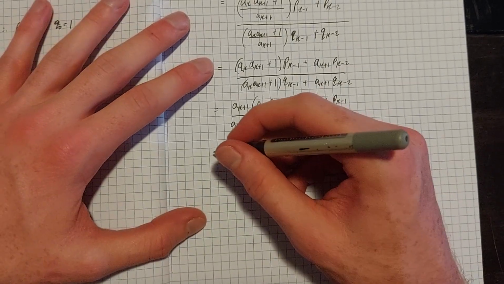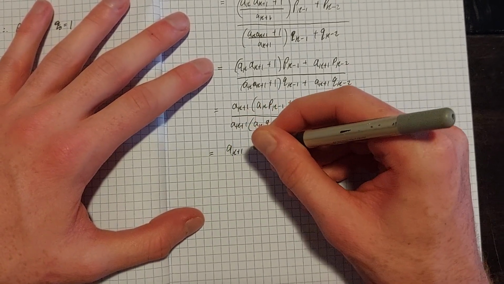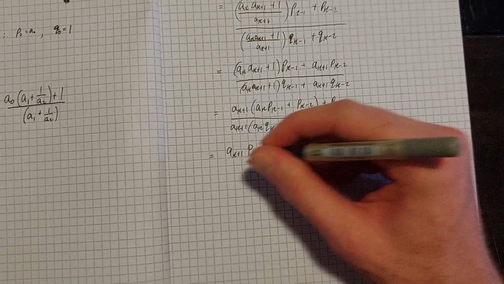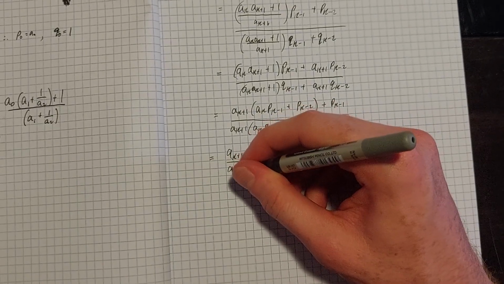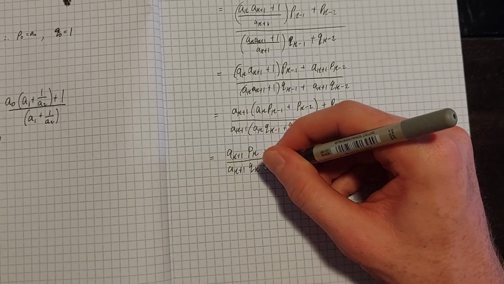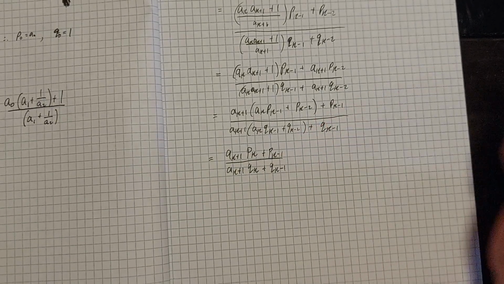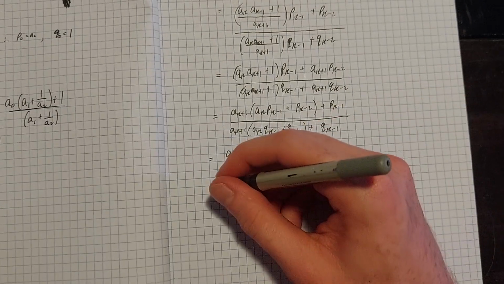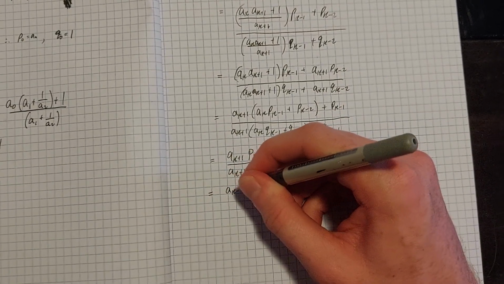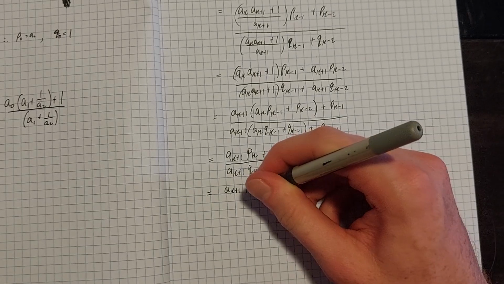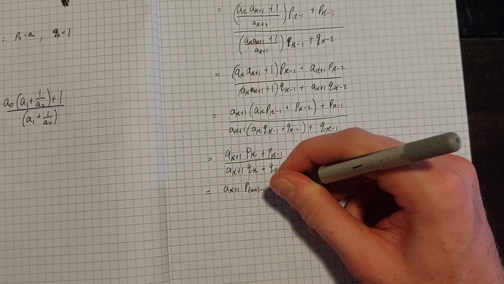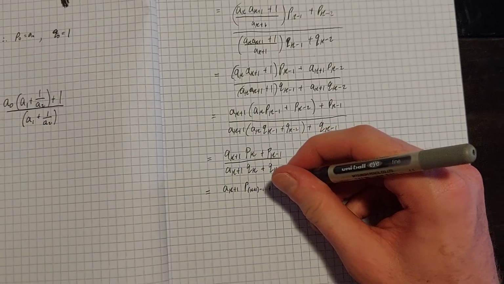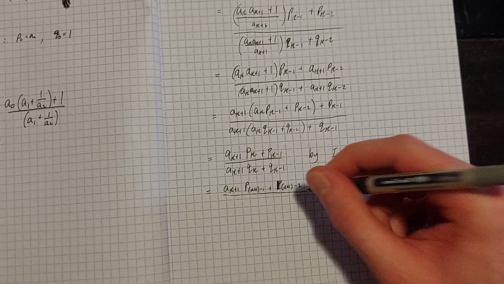So all of this is equal to pk times pk, and then plus pk minus 1 over, and then same thing on the bottom, by my inductive hypothesis, that's going to be qk plus qk minus 1, which is just equal to ak plus 1 times pk plus pk minus 1 over the same thing on the bottom with q. Sorry, that should be a p on top.